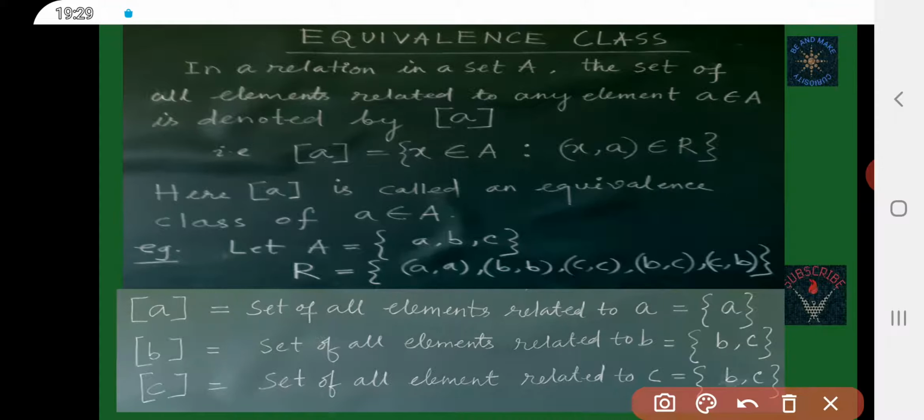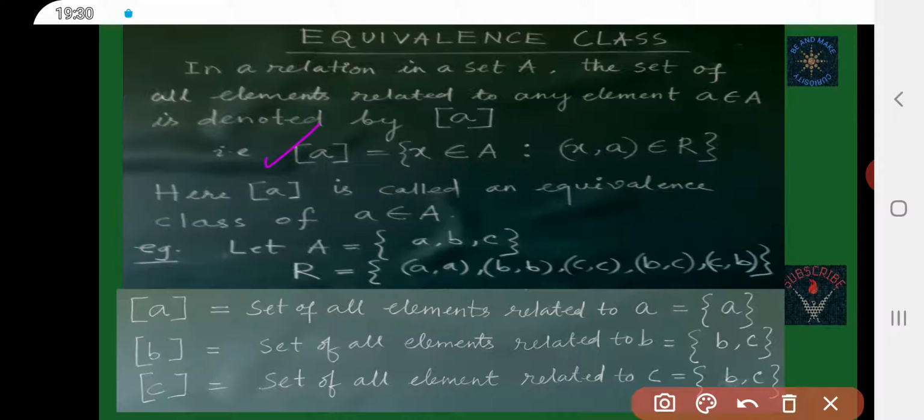So a relation in a set A, the set of all elements related to any element a belonging to set A is denoted like this. Okay, it means the equivalence class containing a, or the equivalence class of a.